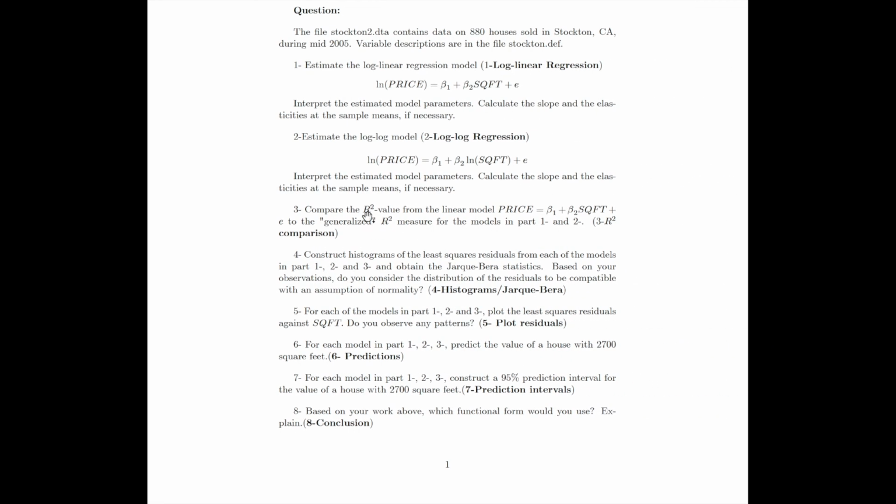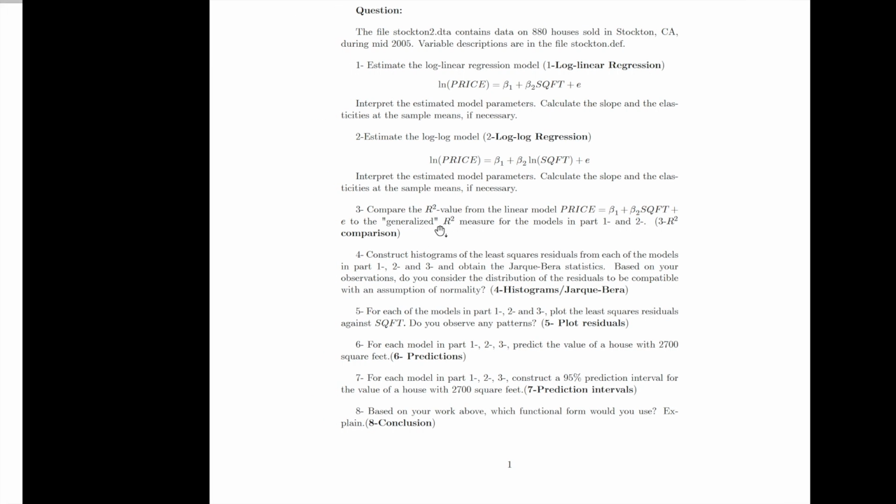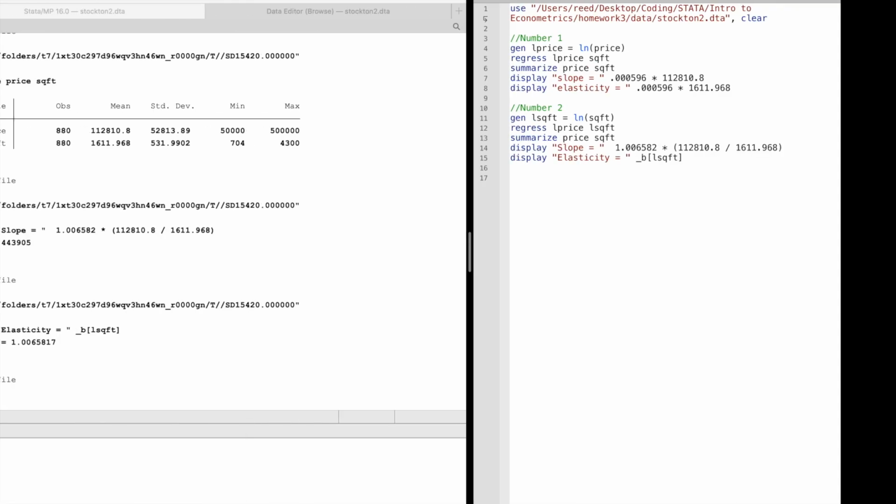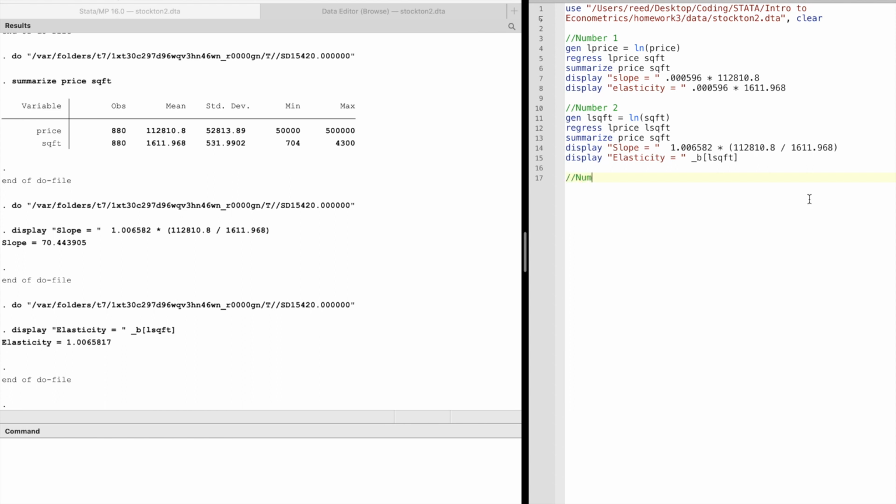Alright, number 3, compare the r-squared value from the linear model to the generalized r-squared measure for models in part 1 and 2. Alright, so for the linear model, it gives us the r-squared directly.